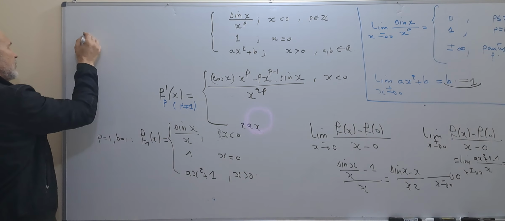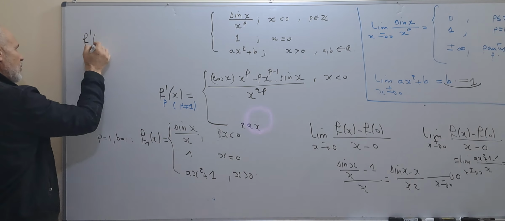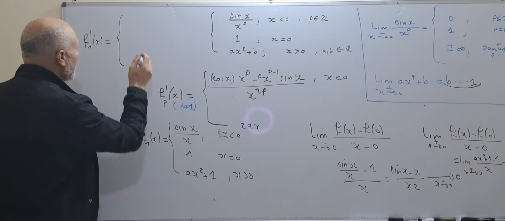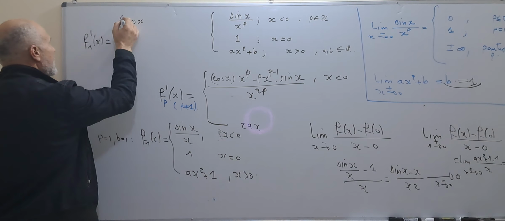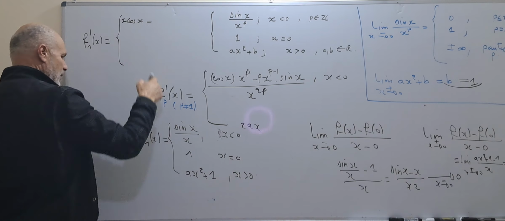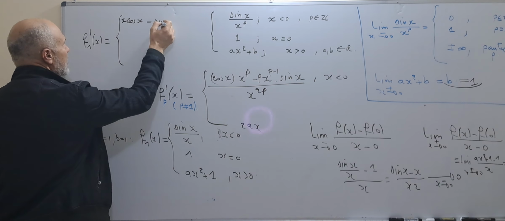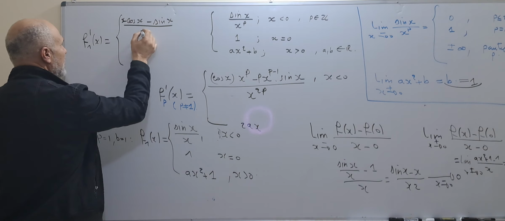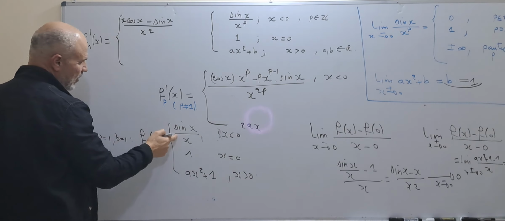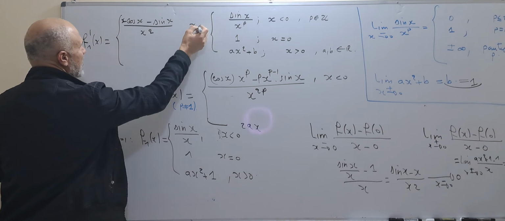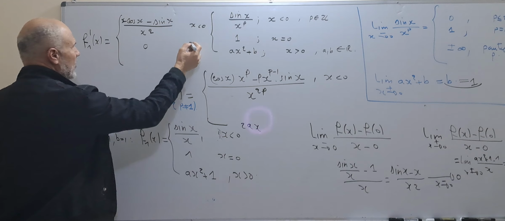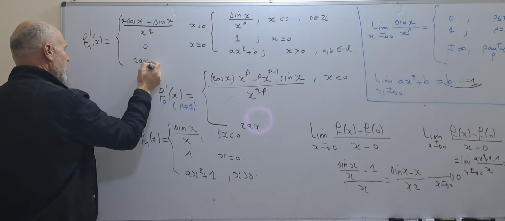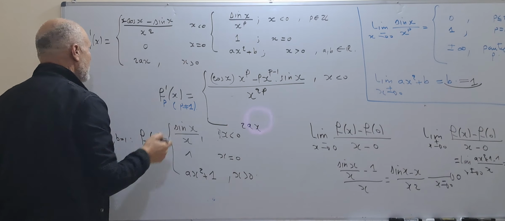f prime 1 of x is equal to this derivative, so (cosine x times x minus sine x) over x squared if x is less than 0, it is equal to 0 if x is equal to 0, and it is equal to ax if x is greater than 0.